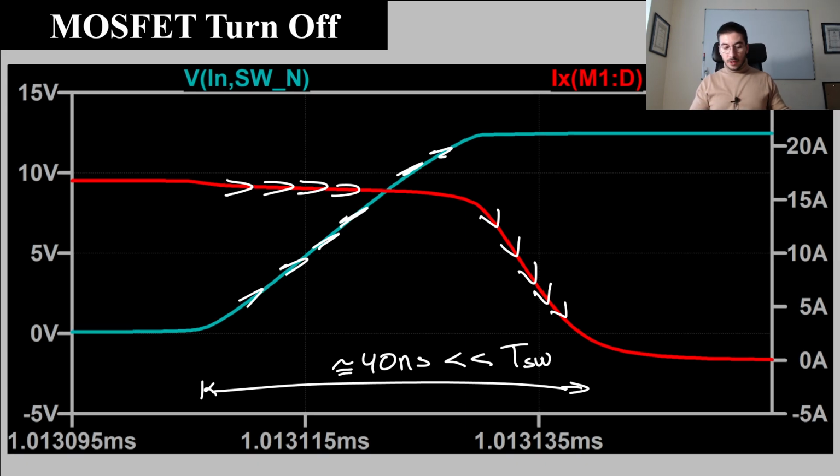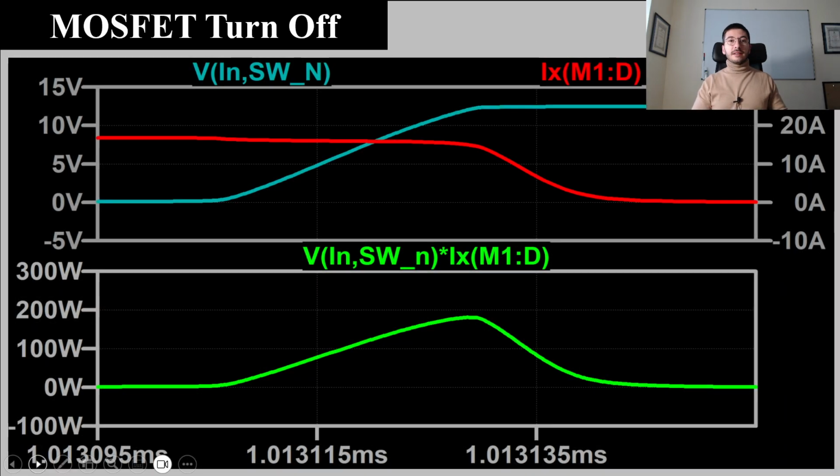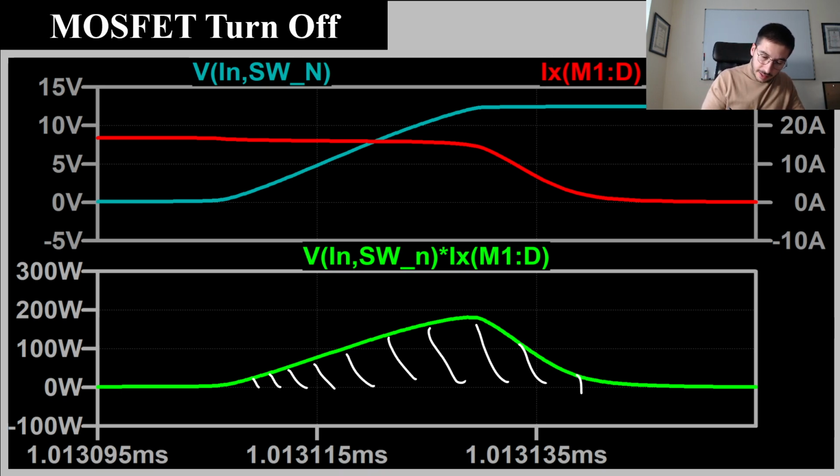Now we will try to evaluate the power losses due to the turn-off process. So we evaluate this integral. This is the energy related to the turn-off process.